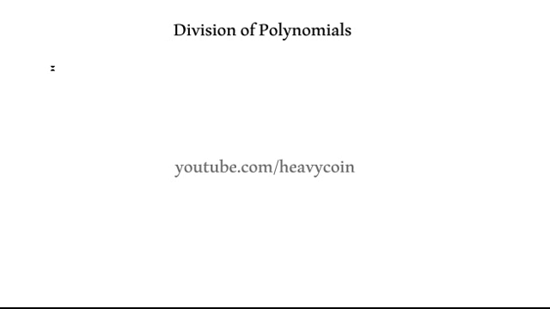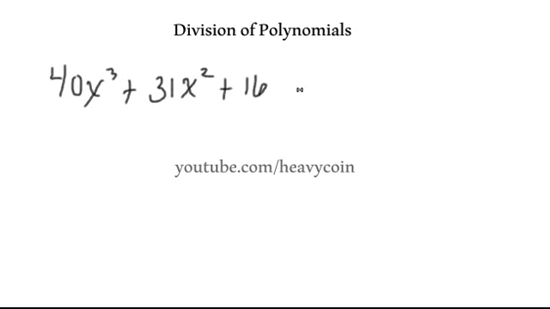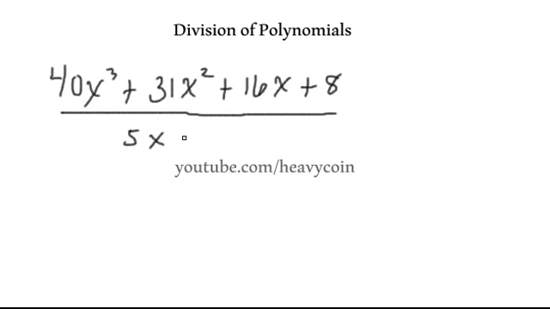So we have, let's see here, 40x cubed plus 31x squared plus 16x plus 8, and it's all over 5x plus 2.